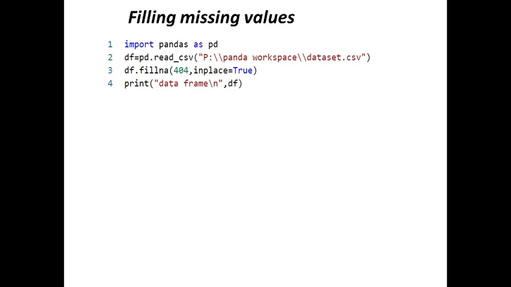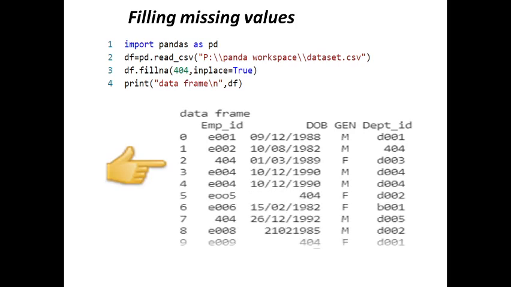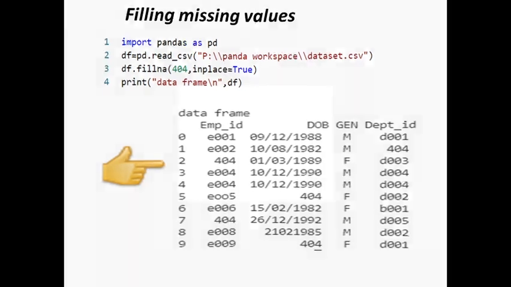So here we are writing df.fillna, and then inplace equals True, because here we want to change the existing data frame, and then we are printing the value of df. When we run this code, the output will be, it will fill all NaN with 404, because the passed parameter is 404. So you can pass any other value according to your requirement, and you can fill all missing values, right?